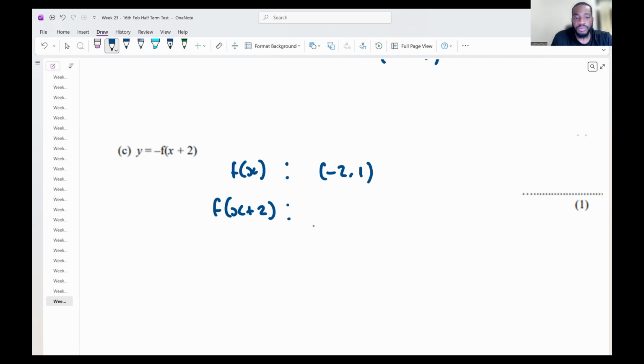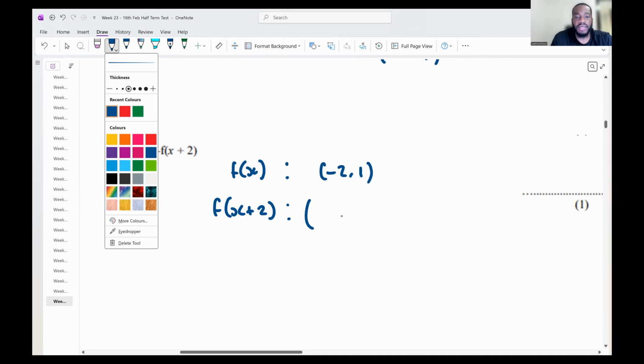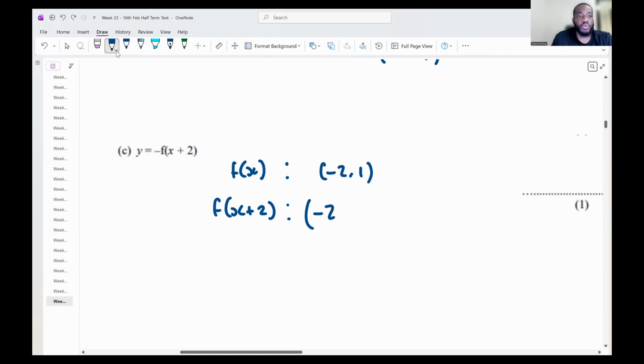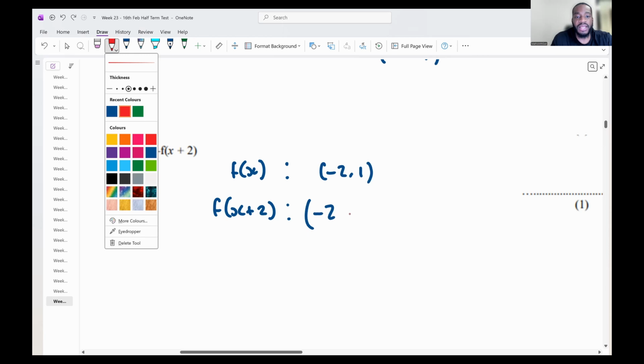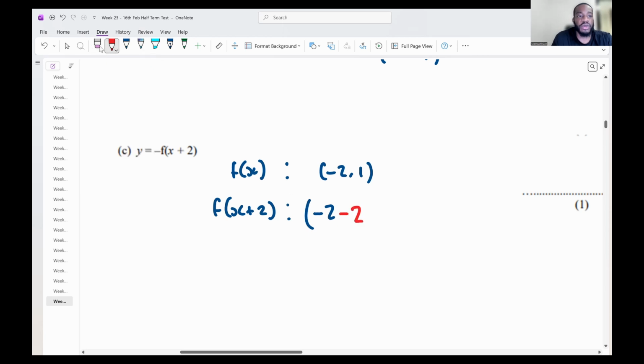What does that plus 2 do? Remember, it's inside, so it does the opposite. If this is a minus 2 originally, then you minus 2 from the original x coordinate and keep the y the same. So this is going to be minus 4, 1 so far. We happy with that, guys?